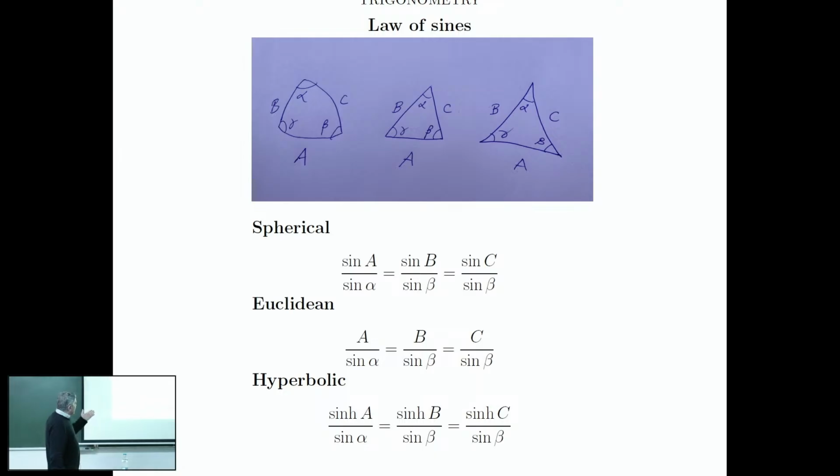I'm not going to prove the spherical and the hyperbolic laws of sine, but they are rather easy to prove if you have a little bit of experience with hyperbolic geometry. But the thing I want to highlight is that you keep the same formula, but you replace the sides by the sine of the sides in the spherical case, and by the hyperbolic sine of the sides in the hyperbolic case.